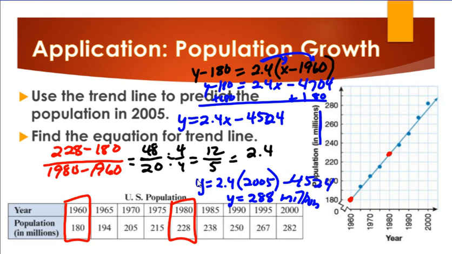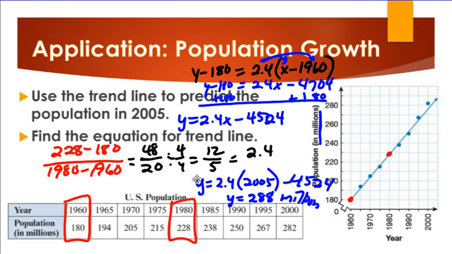If somebody chose two different points, they might have gotten a little bit higher of a value. But as long as you use 2 points that are on the line, you find the slope correctly, you use the point slope form correctly, and substitute 2005 in there correctly, your answer will be acceptable.